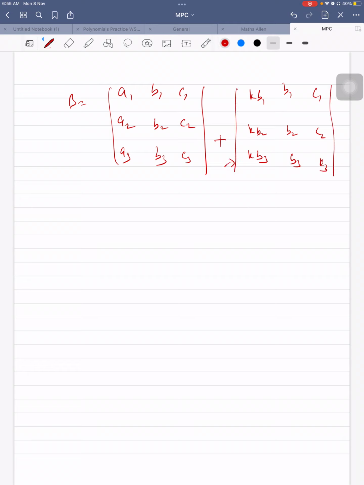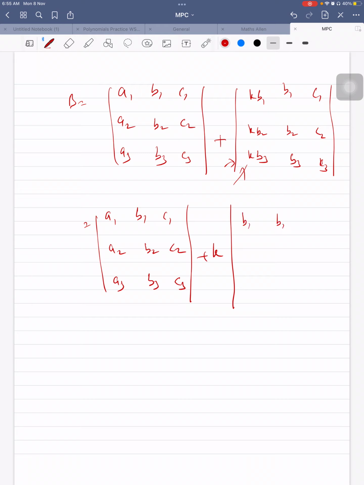If you take common K in this row of the matrix, plus you can take the common number from one entire row or entire column.